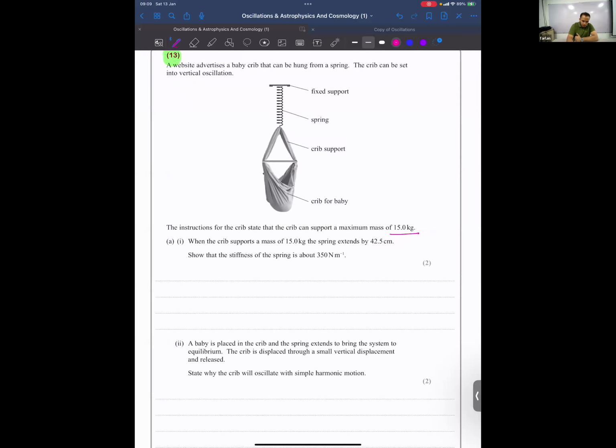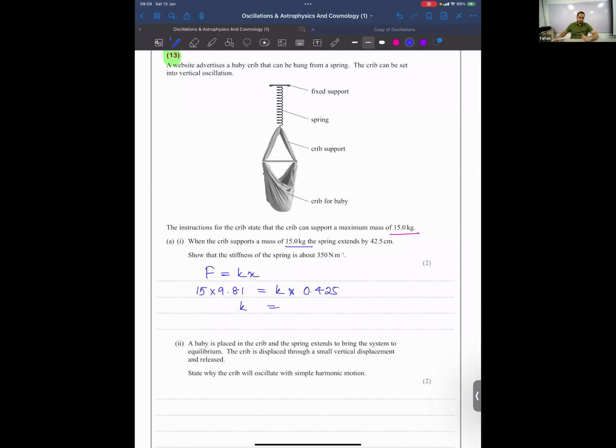So guys, if I use F equals kx for the spring, force equals spring constant times x, stiffness times x. When the mass is 15 kilograms, the weight will be 15 g. So 15 into 9.81 is equal to k into the extension, 42.5 centimeters, which is 0.425 meters.